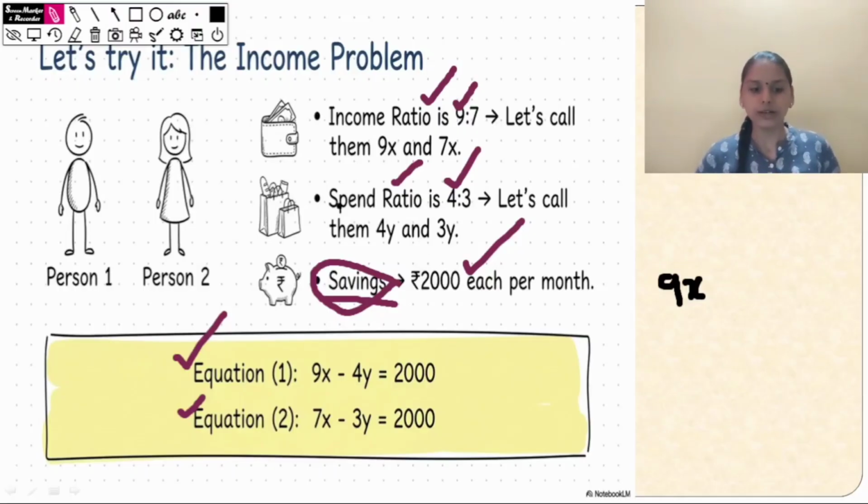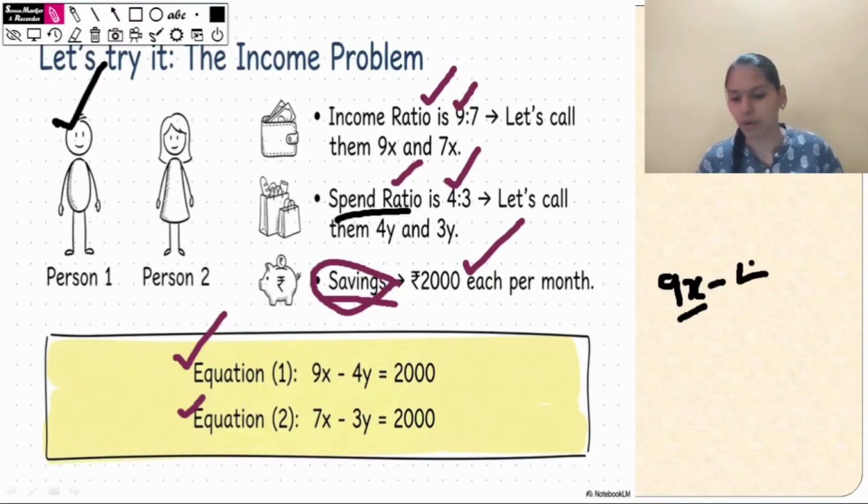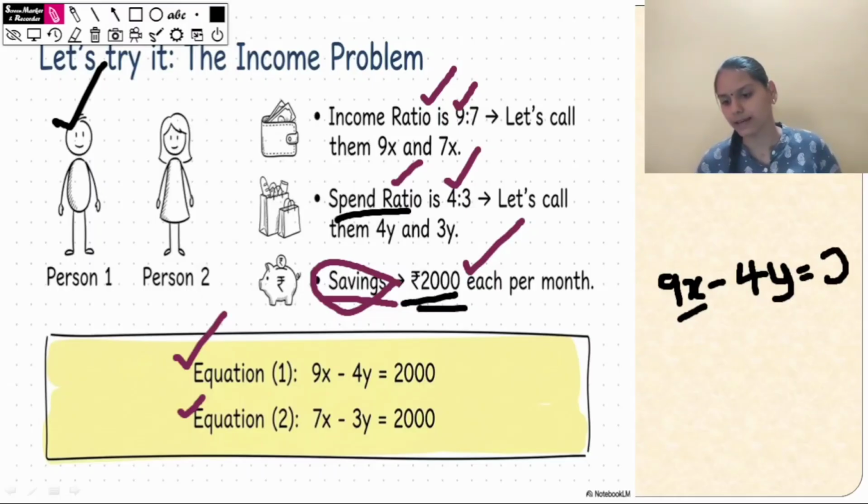Spending means money is going away from you, so you minus how much. If I talk about person 1, his income is 9x, and he is spending 4y, and then he is saving about 2000. I'll just write it as 2k.